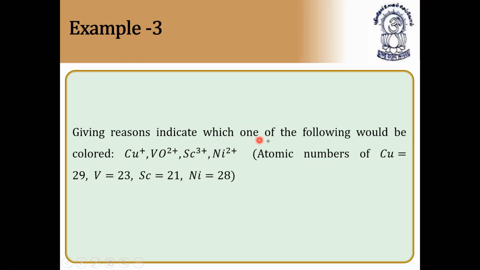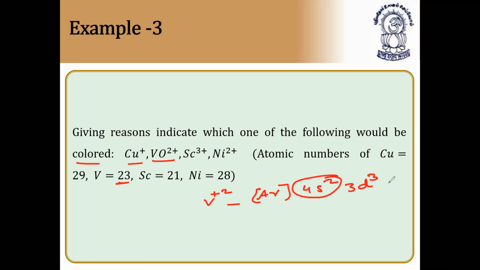Giving reasons, indicate which one of the following would be colored. Cu plus is colorless. VO2 plus means vanadium in plus 2 state. Vanadium has atomic number 23, so argon 4s2 3d3. With 2 electrons removed, it is 3d3, which has unpaired electrons, so it is colored.